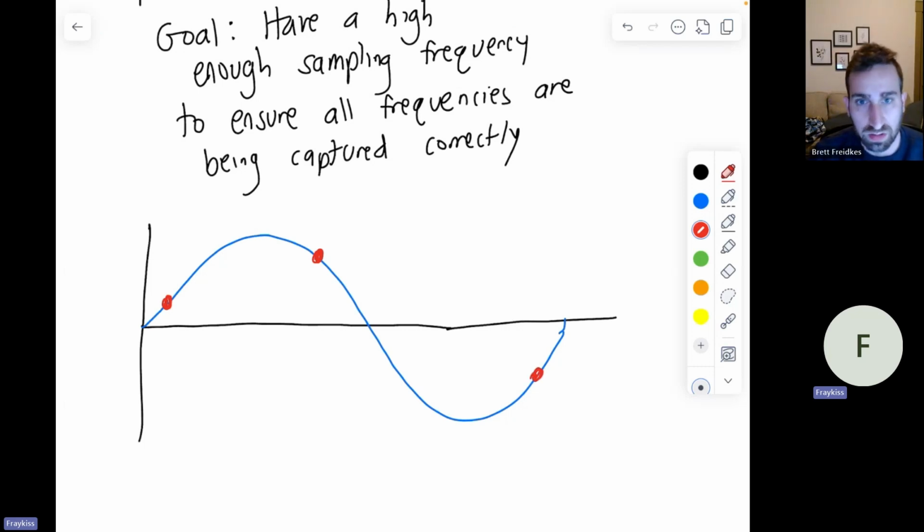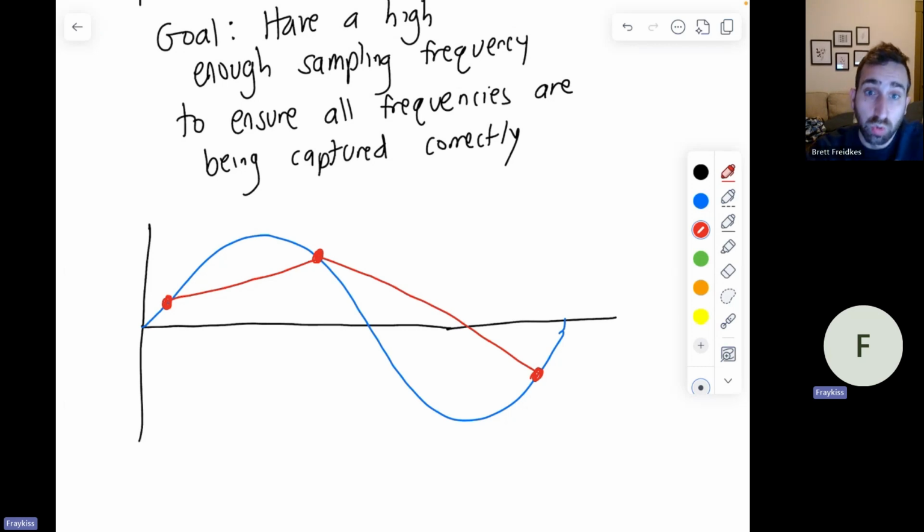We'll ignore my scaling. We'll assume it's not to scale. And maybe this looks like to us something like this, because we don't really necessarily know what's going on in between them. And the frequency of what that new signal is may be different than the original signal.